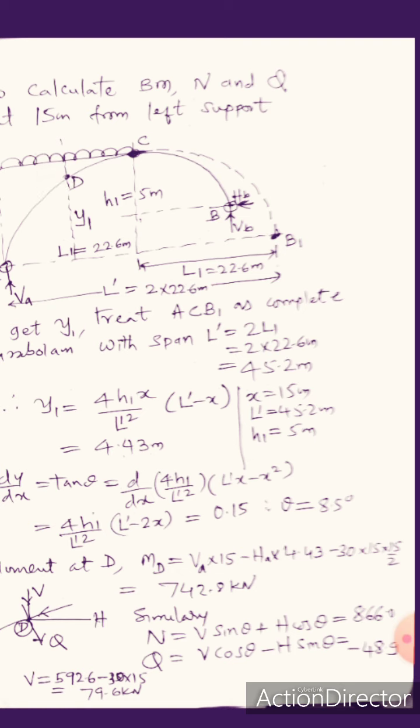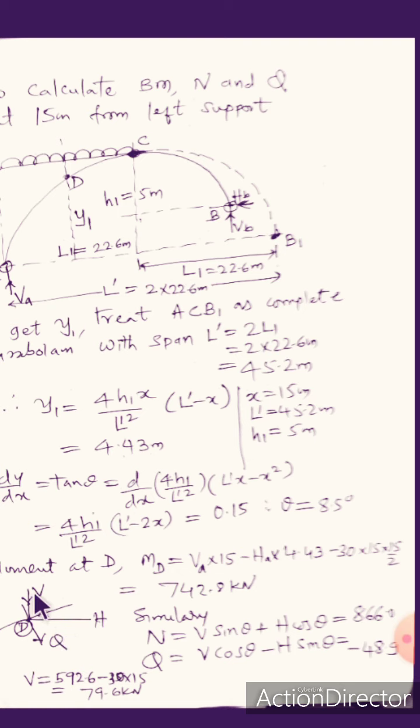Some UDL means 15 meter it is. So 15 meter UDL is also acting on this one. So this V and H, which are introduced for maintaining this equilibrium of free body diagram, are introduced to keep this part of the body in equilibrium. So H and H has to be same. Sigma H is equal to 0 means this value will be same. So there is no problem in calculating H value.